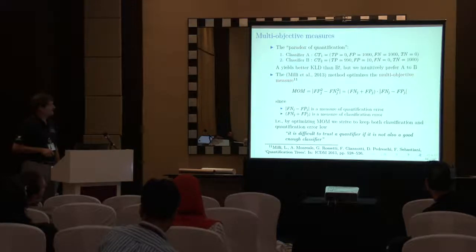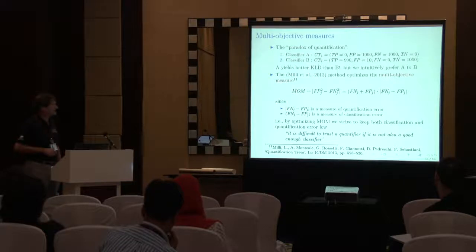So by attempting to minimize this measure, you are attempting to minimize quantification error and classification error at the same time. So it's quite likely the case that according to MOM, classifier B is indeed better than classifier A, while classifier A is better in terms of pure KLD.